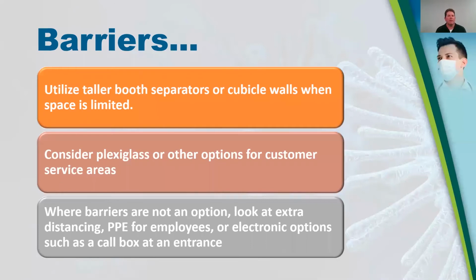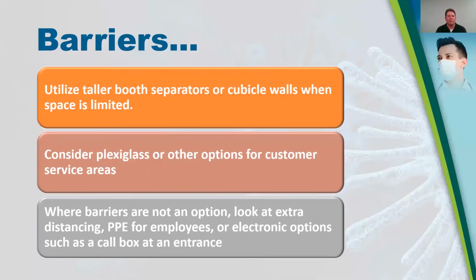We're seeing that again in a lot of our retail stores, where plexiglass creates some separation between the customers and your service staff, which is another good practice. Where barriers are not an option, look at extra distancing, whether that's just putting a table or some barrier tape around that service area for your employee to keep your customers back at that 6-foot distance.